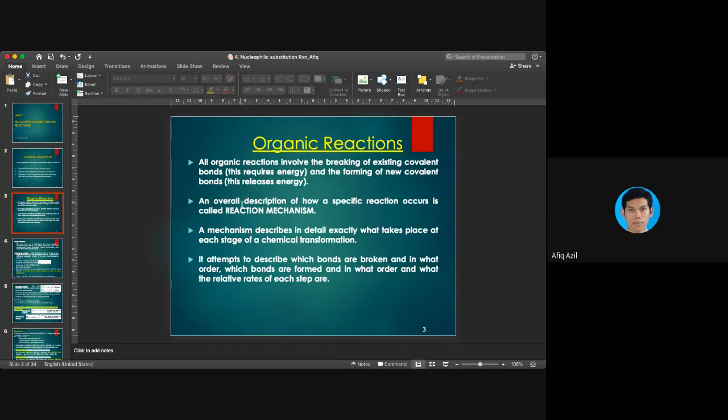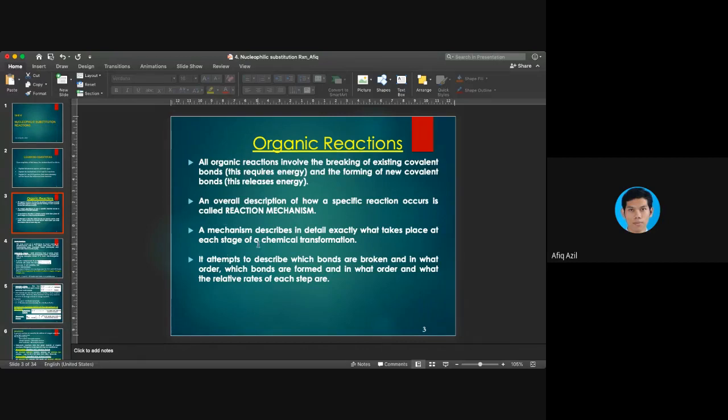So the overall description of how a specific reaction occurs is called the reaction mechanism. Reaction mechanism is like the detailed explanation of how the reaction proceeds, how the electrons move from one part of the compound, probably from a carbon or from hydrogen, to another part of the reactant, for example.